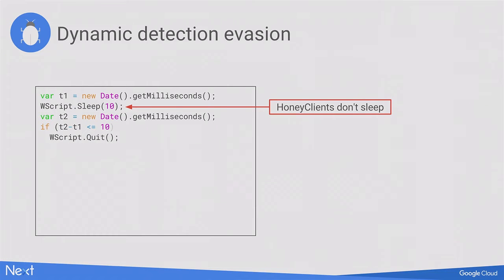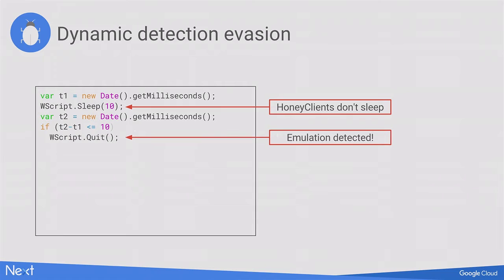So they start by checking the time, sleeping for some time. And sandboxes typically do not really sleep, because people writing sandboxes want to be efficient. They don't want to be spinning idly. And then Loki is able to compute the time difference and figure out it was running in a sandbox. And if it's running in a sandbox, it will abort early and not have any malicious payload.